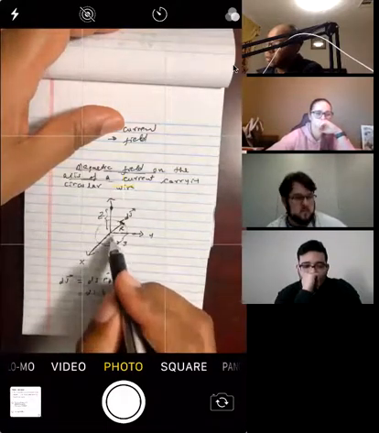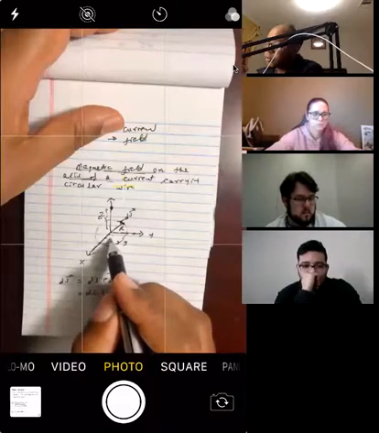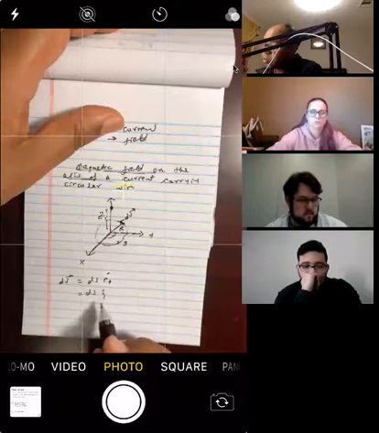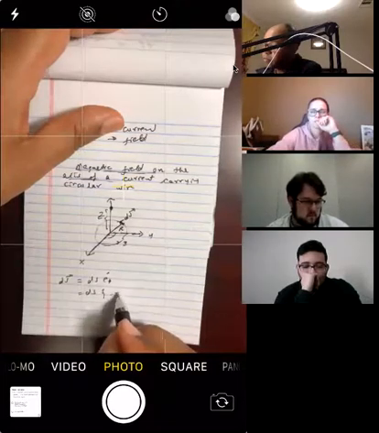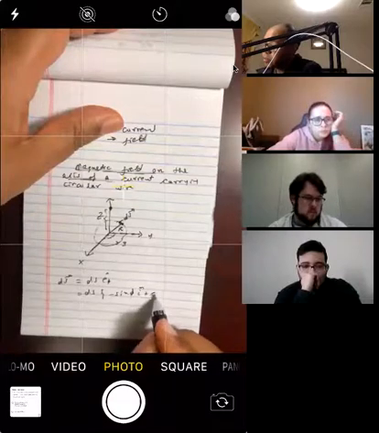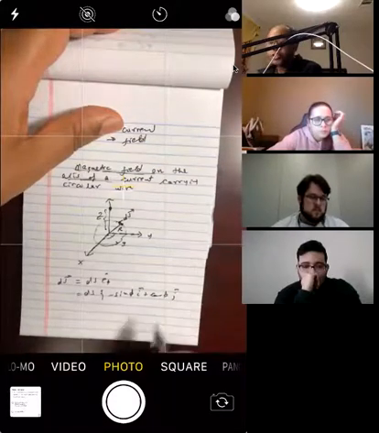The phi is measured from the x-axis. So this is negative sine phi in the i direction plus cosine phi in the j direction.